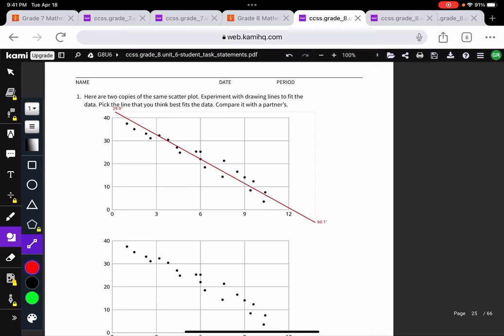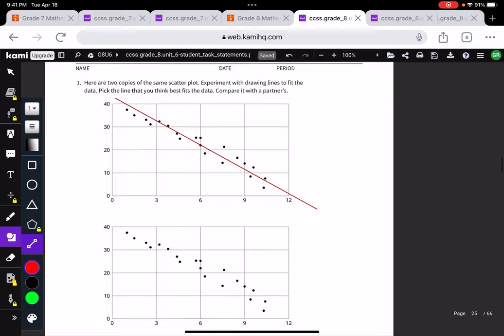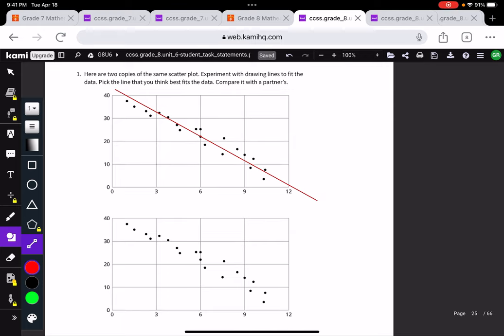I'm going to try drawing a line maybe like that. I'm going to try drawing another line. Maybe it shouldn't go through there. So you guys draw your line as you see fit. I wonder if that's a little better.